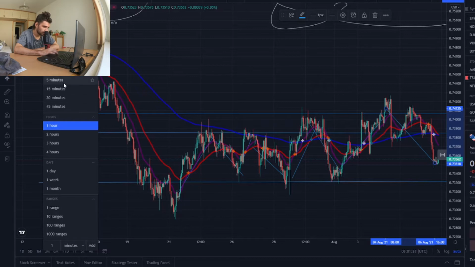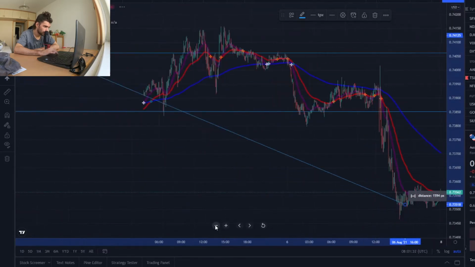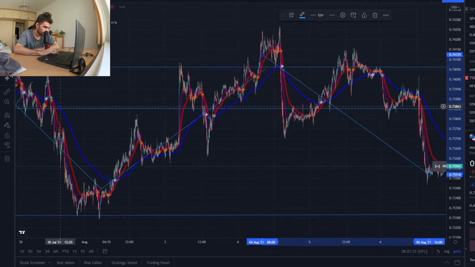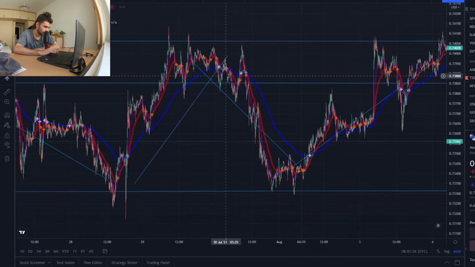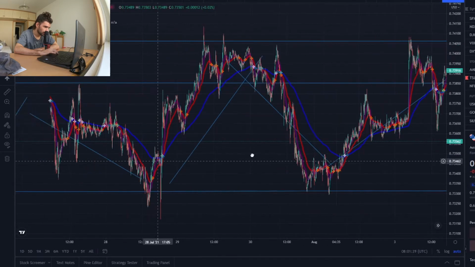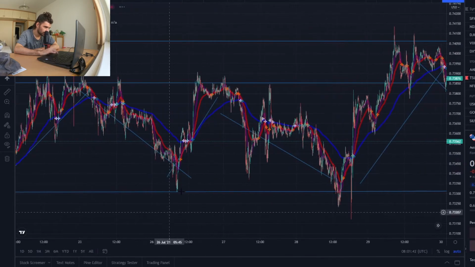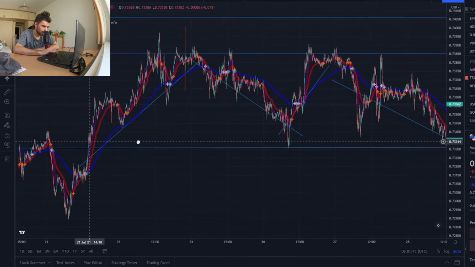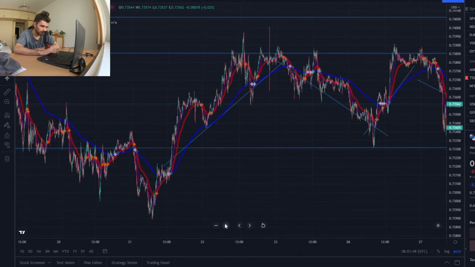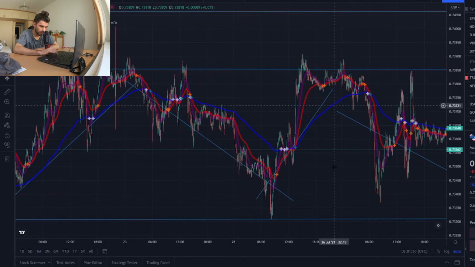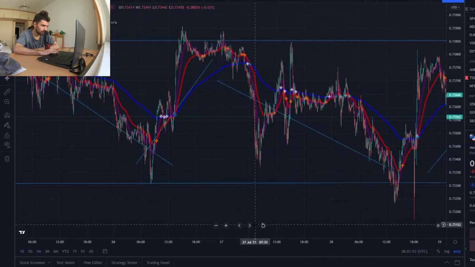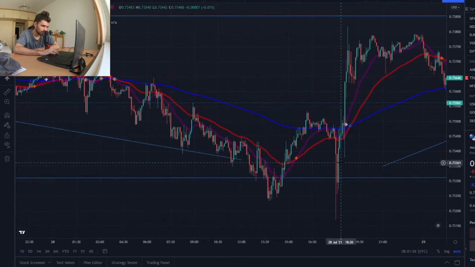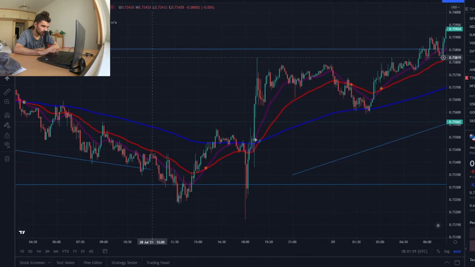We want to scale down to the 5-minute chart, and here you can always see that after retesting the support line, the lowest point most of the time, we suddenly saw a turnaround, and every time we saw a turnaround we saw the bullish cross on the 5-minute chart, which is when the 200 EMA, the blue line, is the lowest one, the purple one, the 20 EMA, is the highest one, and in between we have the 50.